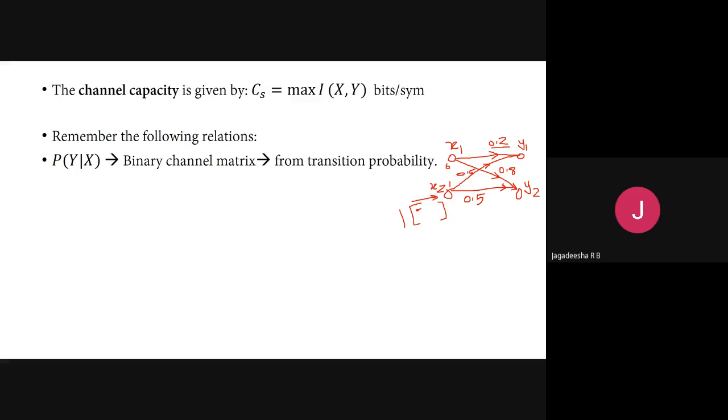And x1 to y2 is 0.8, that we write here, 0.8. So similarly, we continue the other parts. So that is how we find P(Y|X). So this we have seen in more detail.